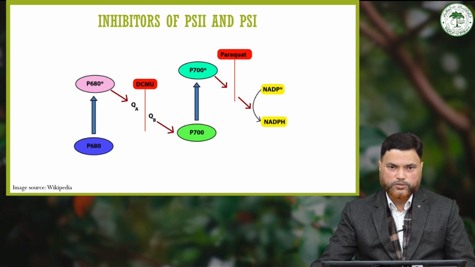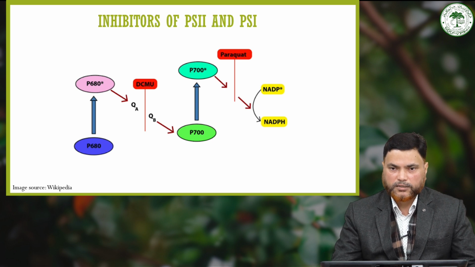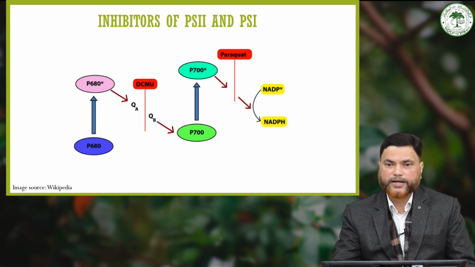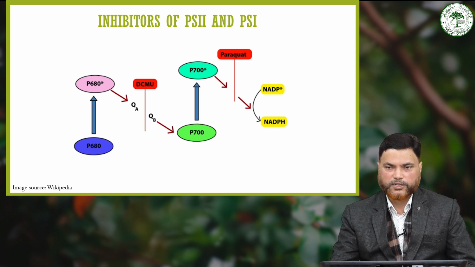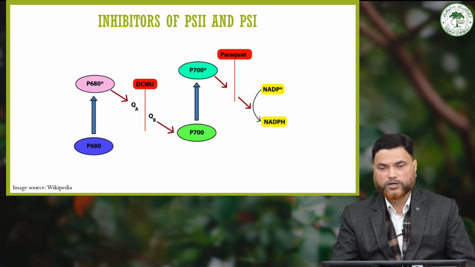On the other hand, you see how paraquat blocks the transfer of electrons. Paraquat is basically a kind of herbicide that acts by interfering with photosynthetic electron flow and generally operates by intercepting electrons between the ferredoxin acceptor and NADP, preventing their transfer for the production of NADPH.